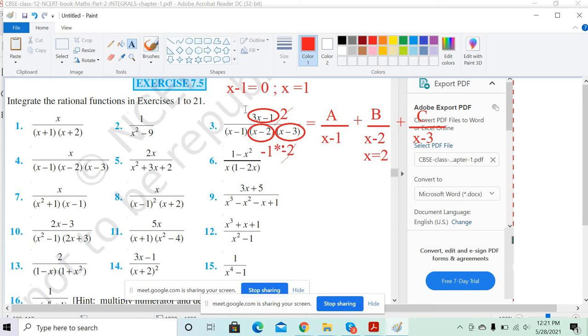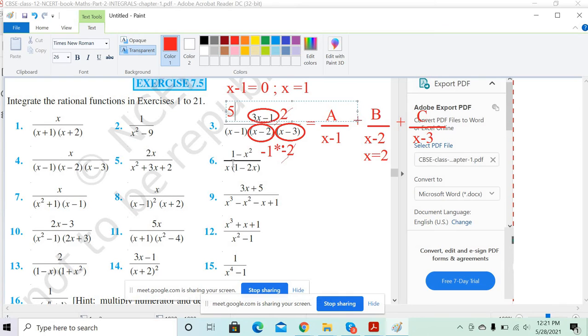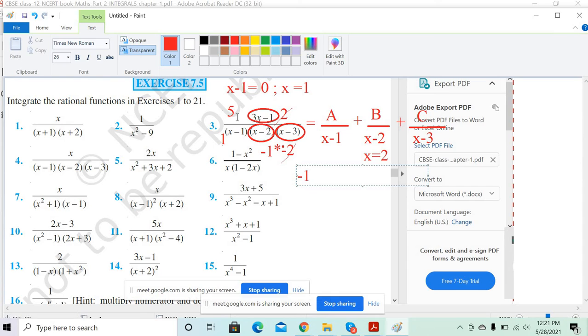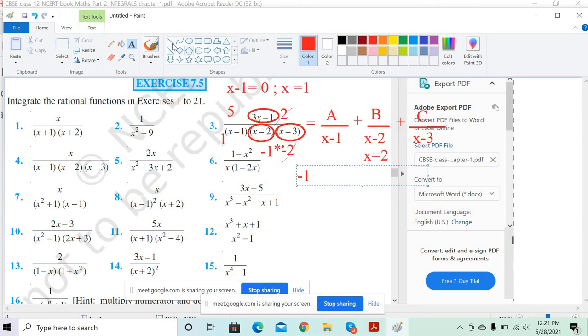So it becomes 2 into 3, 6 minus 1 becomes 5, correct? Now 2 minus 1 is 1 and 2 minus 3 is minus 1. So 5 by 1 into minus 1 is minus 5. So B is minus 5. You can replace B with minus 5. Is it okay?